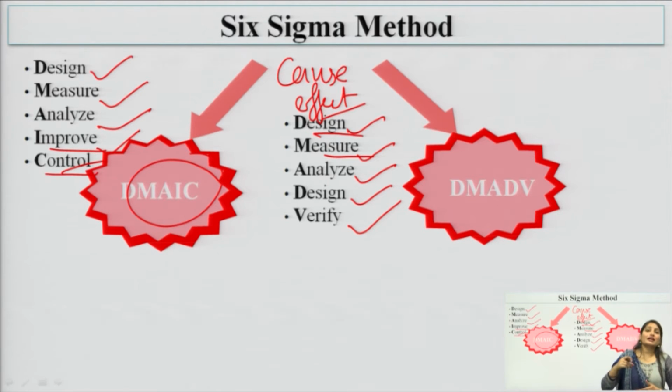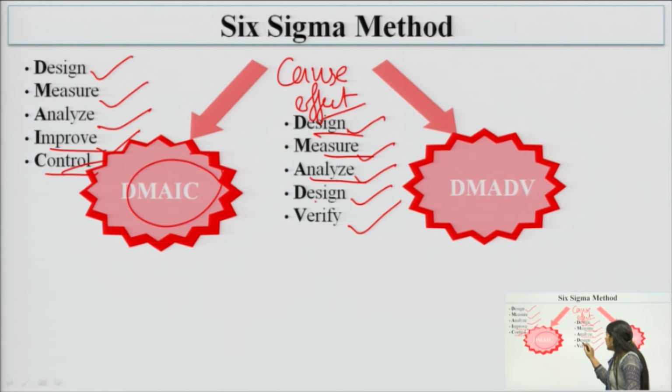In the analyze step, on the data we collected in the measure step, we will perform cause effect analysis. With the help of that data, we will identify the root causes of the deviations and what will be the implications of those deviations.